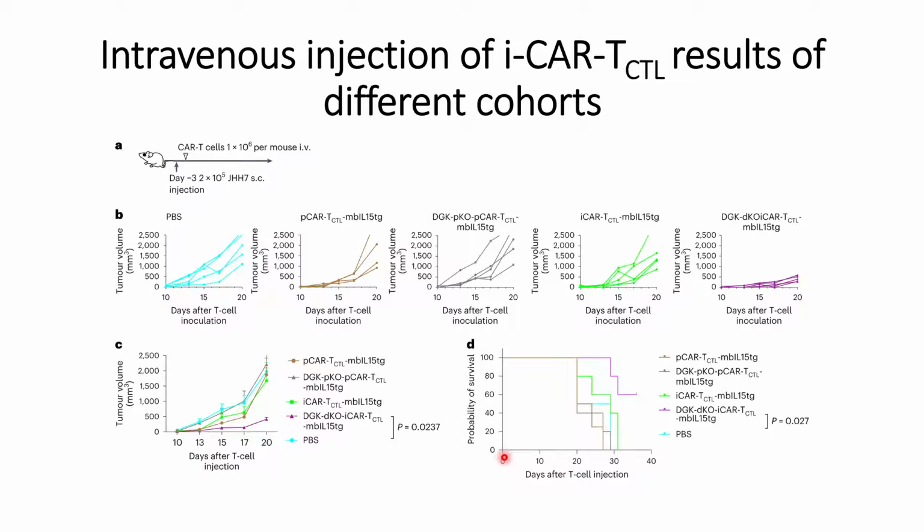And after this, some of the data they also showed in the supplemental figures, where they also checked if these modifications are introduced in the iCAR-T cells derived from immature T cell lineage, that we have discussed in the first or second figure of this paper. In that case, in the peritoneal injection case, the results are in line with the iCAR-TCTL, but in the case of intravenous injections, they are able to see lower tumor suppression compared to the iCAR-T cells derived from mature T cell lineage.